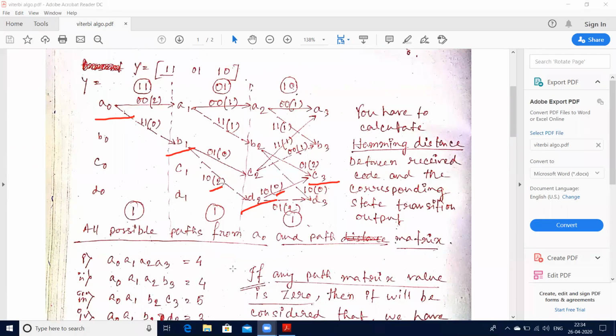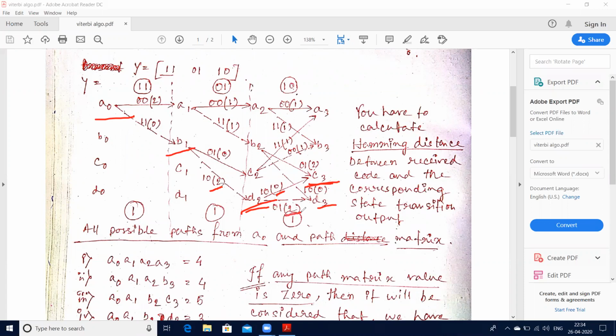Now the last possible path. The previous one was A0, B1, D2 and C3. Then the last possible path will be A0, B1, D2 and D3. What will be the path matrix?